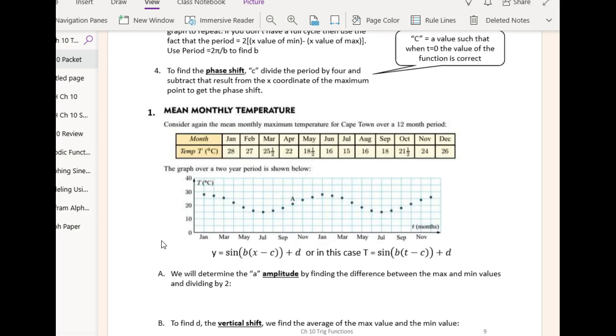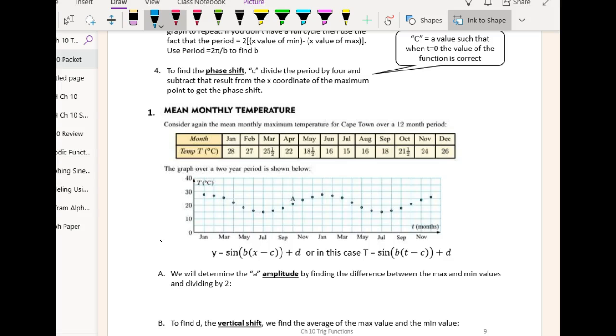Okay, so go through, and to get your amplitude, find the highest temperature and the lowest temperature. And then we're going to find the difference between them, and we're going to divide it by 2.